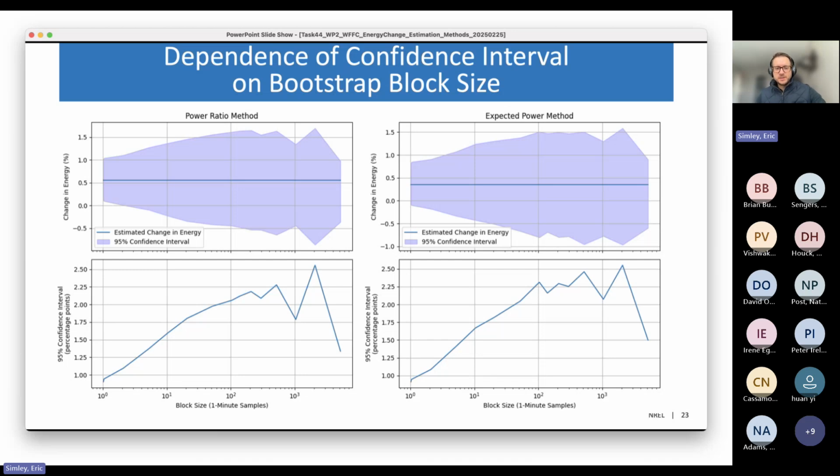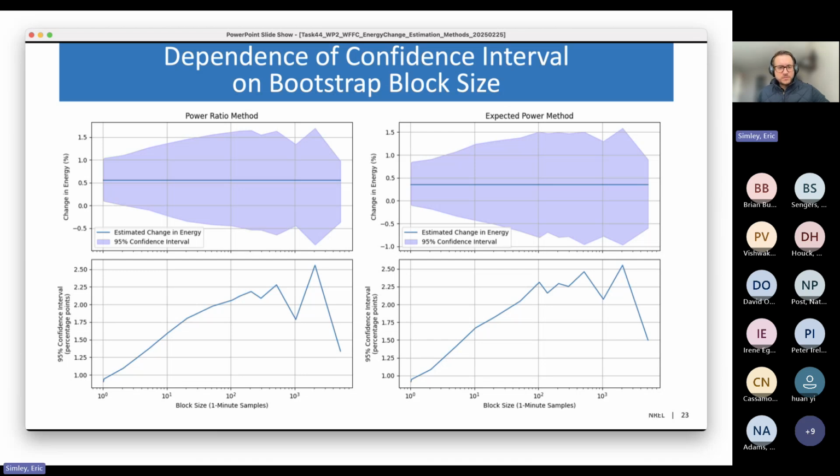So that's probably not a good representation of the variability from bootstrapping. So I would say there's some balance, maybe a block size of 100 or 200 might be a good level of defining the blocks for bootstrapping for this data set.